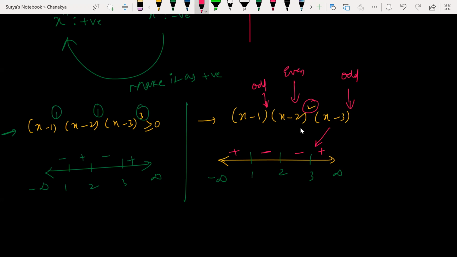So whenever the power is even, if it is all even, it won't change. It will be the same thing again. Then you can't even apply this method. All right, it depends. We will solve the question. Don't worry. You will understand. If it is all even, beta, the sign will not change. Okay.